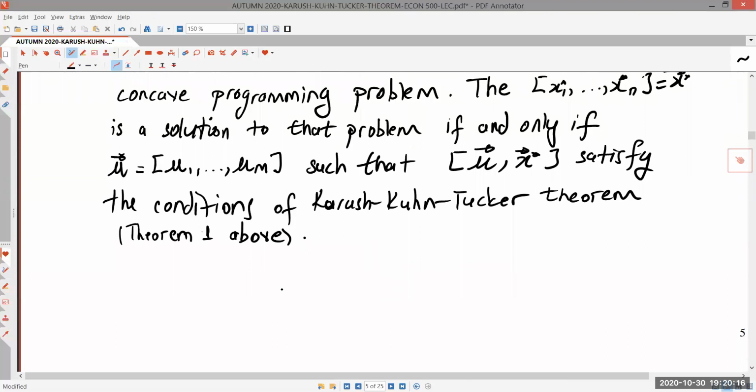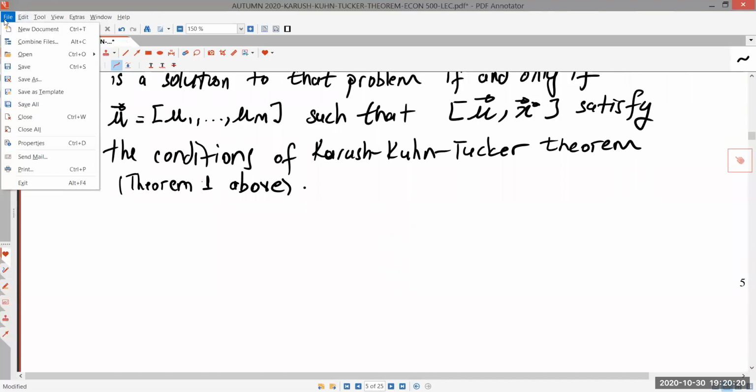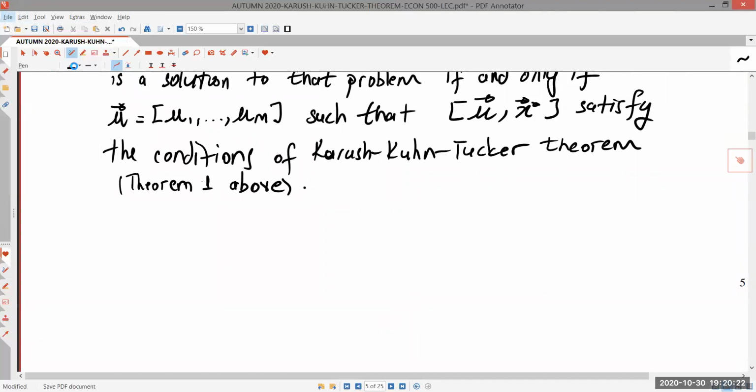This is about second order conditions. If the second order conditions are satisfied, then this happens.